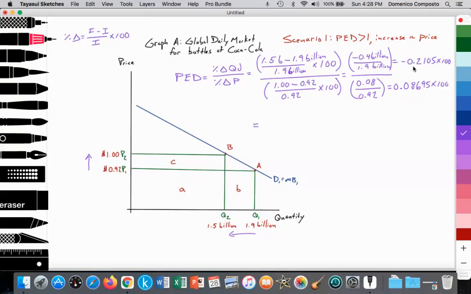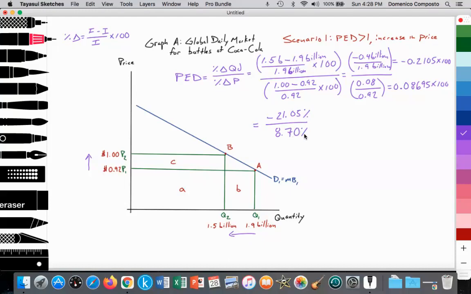If we multiply 0.2105 by 100, that gives us that the percent decrease in quantity demanded was negative 21.05%, divided by an increase in price of 8.70, rounding that up.